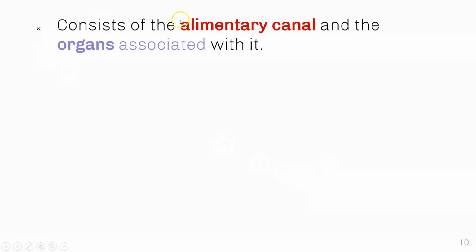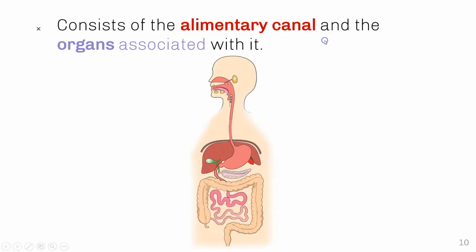Okay, so you may have seen this word alimentary canal, but you may not be very familiar with it. So don't be scared. The alimentary canal is simply the parts from your mouth all the way to your anus. When you look at a diagram of the human body, you notice there's a hole at the mouth, and there's also a hole at the anus.